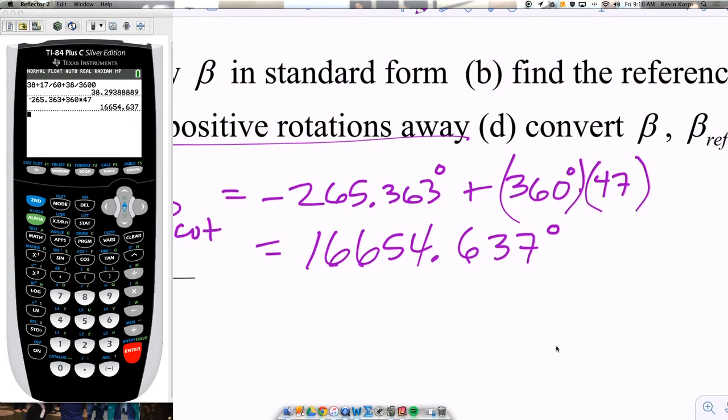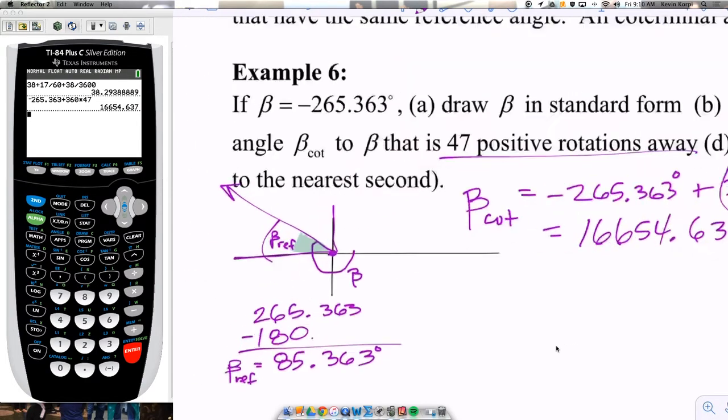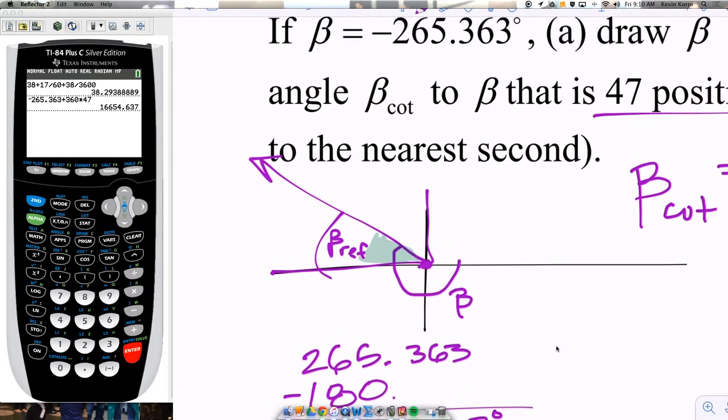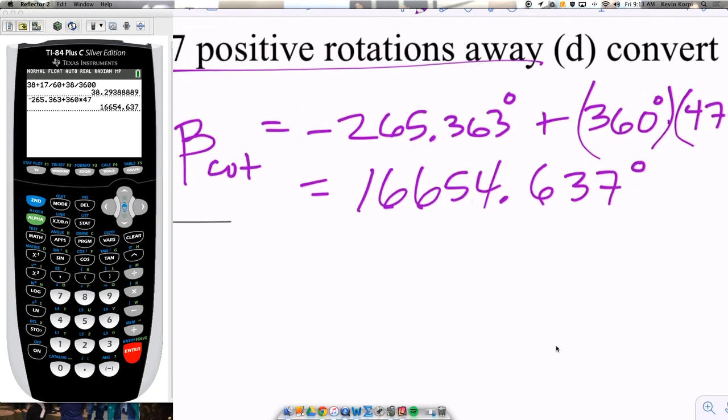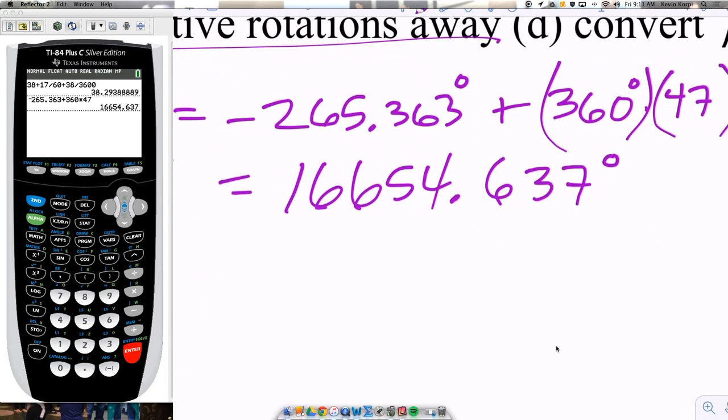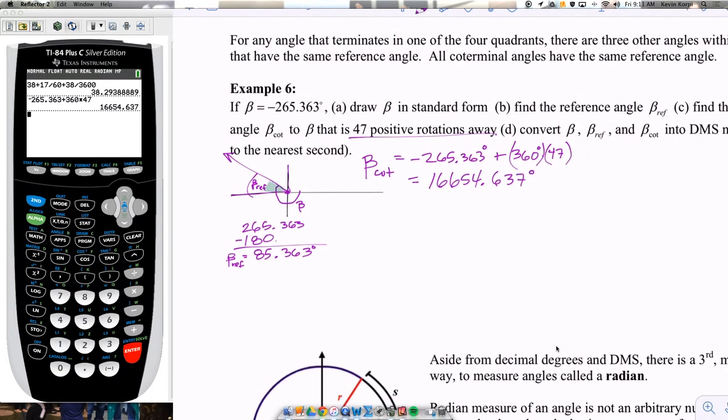So this angle here and the angle beta, they're not the same angle, are they? But they terminate at the same place, don't they? They share a terminal ray, which is why we call them coterminal angles. So what would be this angle's reference angle? Very good, 85.363.